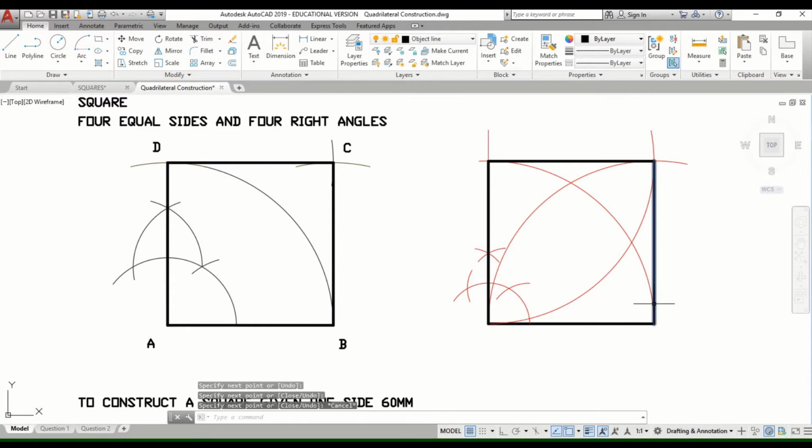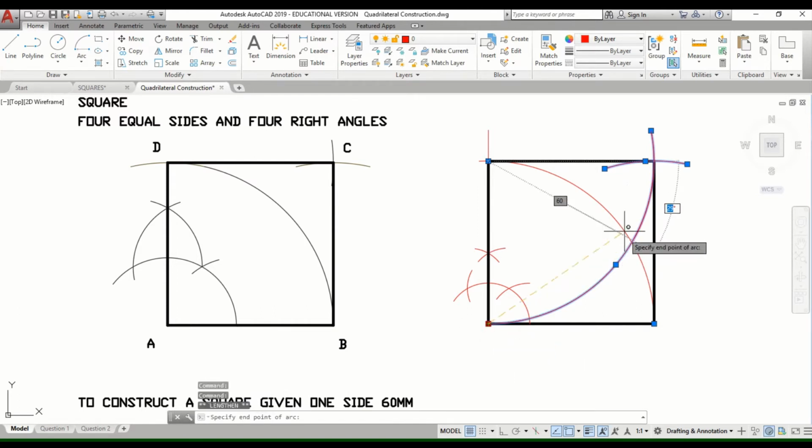Now we could actually use the same tool that we use, lengthen, to shorten this arc, because we really don't need this big arc as it is here. So lengthen actually works both ways, to make a line longer, or to make it shorter. And there you have it, the construction of a square when given one side 60 millimeters.